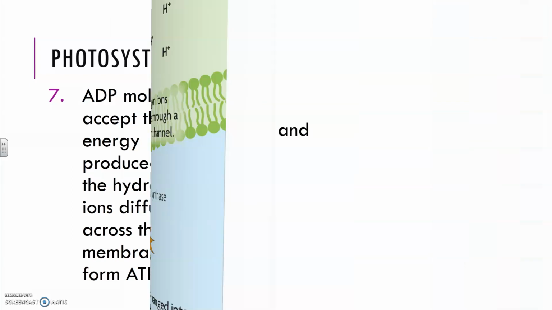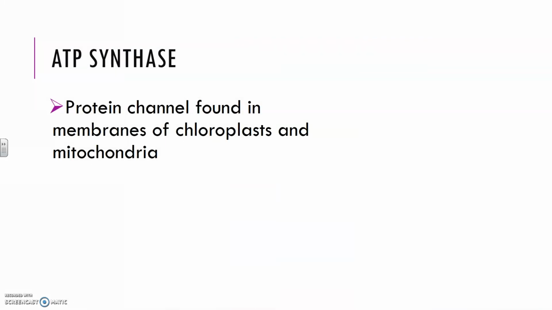Okay? All right. So a little bit more about ATP synthase. It is a protein channel that is found in the membranes of both chloroplasts and mitochondria and some other organisms. Really depends on the organism itself and how much energy it's going to be producing. ATP synthase is really the kind of gold standard for producing ATP.